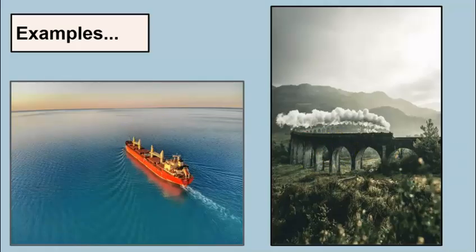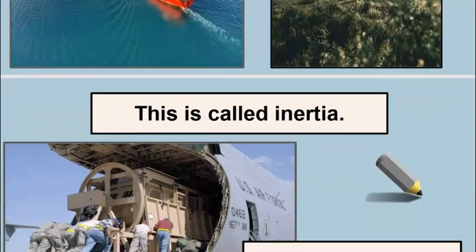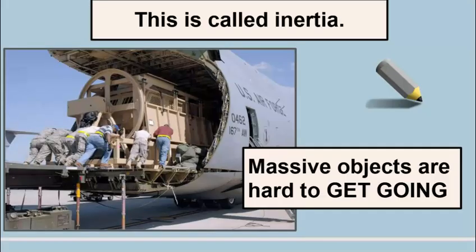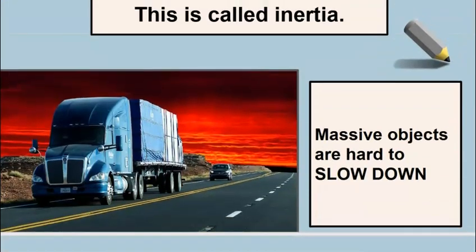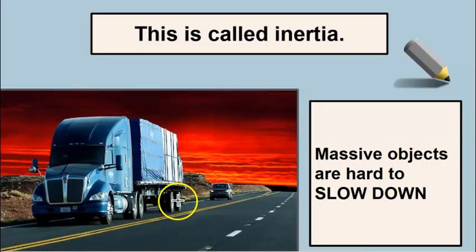Massive objects are going to take longer to get going. This is called inertia. Okay, please write that down. So mass measures inertia. So massive objects are harder to get going. And massive objects are harder to slow down.